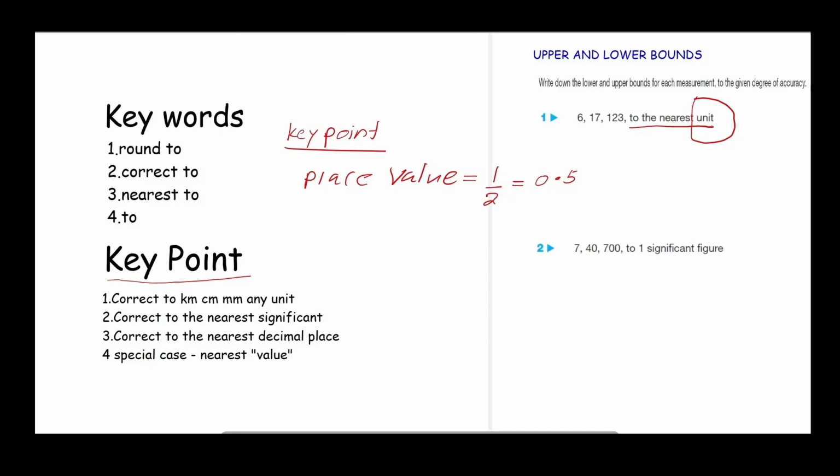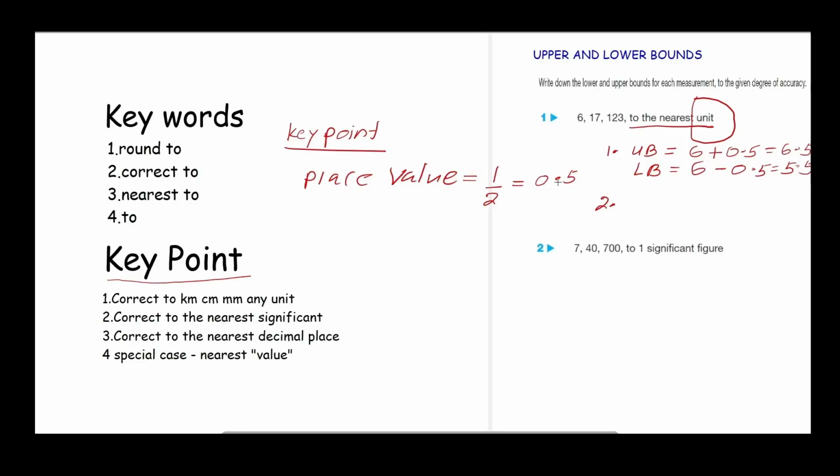Now once we get the key point, it is easy to get the upper bound and lower bound of these basic questions. Let's get the upper bound of 6 first. Upper bound of 6 is 6 plus this key point. It is 6.5. Lower bound of 6 is 6 minus 0.5, which is 5.5. Next one, 17.